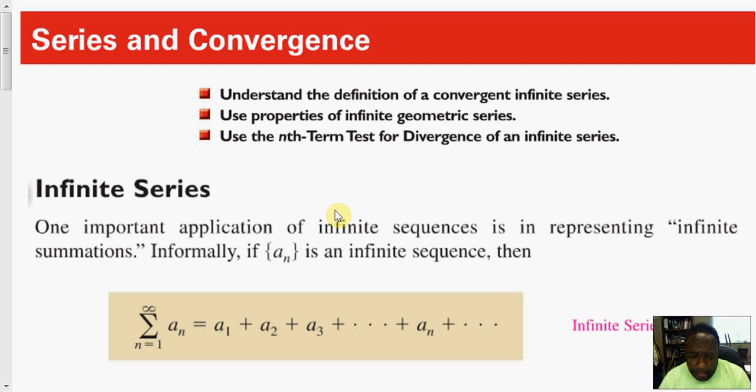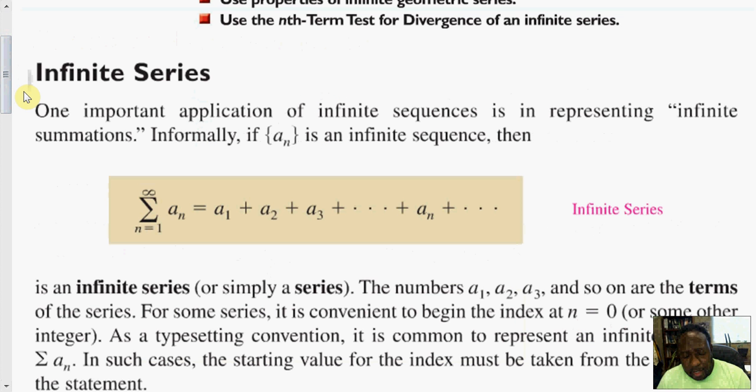First, we give the definition of an infinite series. Say, for example, from the previous section, we talked about a sequence, a sub n. And I want you to understand that the convergence and divergence of a sequence has nothing to do with the convergence or divergence of a series, because the series is said to be the summation of the terms of the sequence.